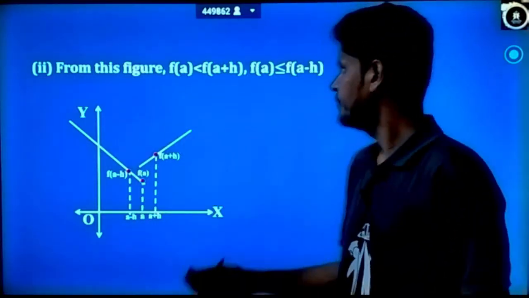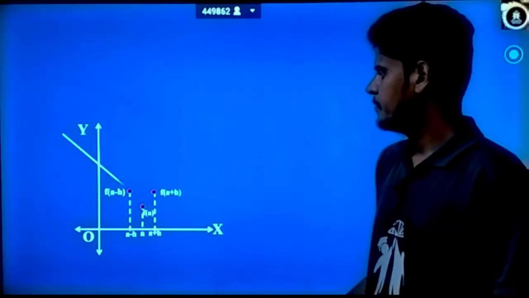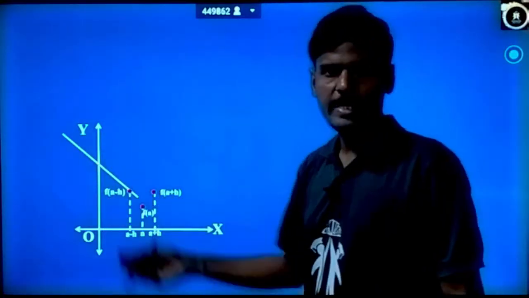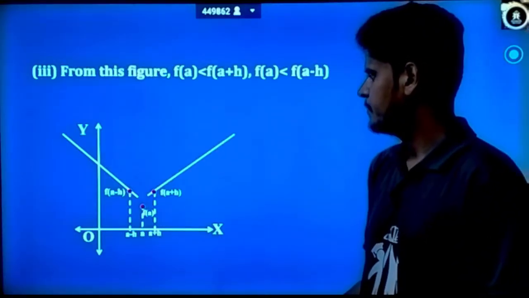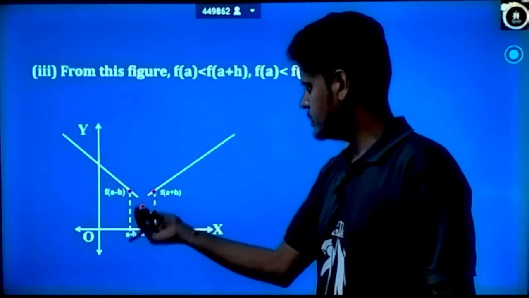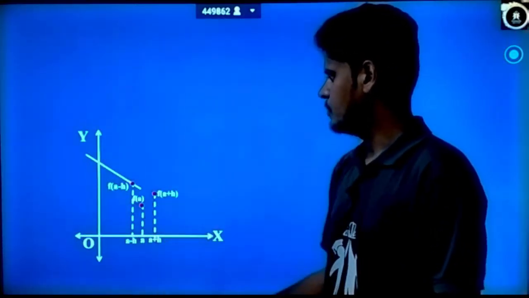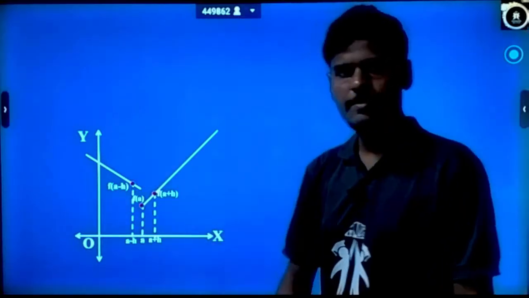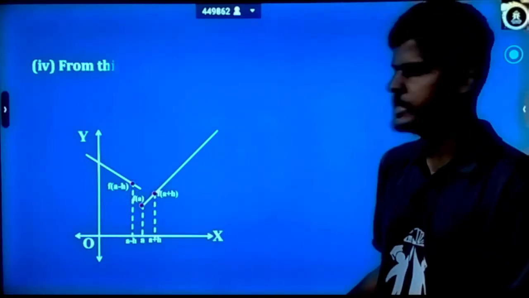Limits are the same. Next, the left hand limit will be greater but the right hand limit will be equal to the function value. Or it need not be equal, still this is the minimum point. Similarly, it can be equal also, but among all the values, this will be the minimum value. That is the understanding of the minimum of a discontinuous function.